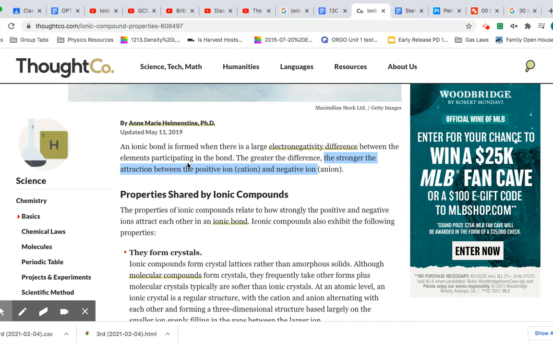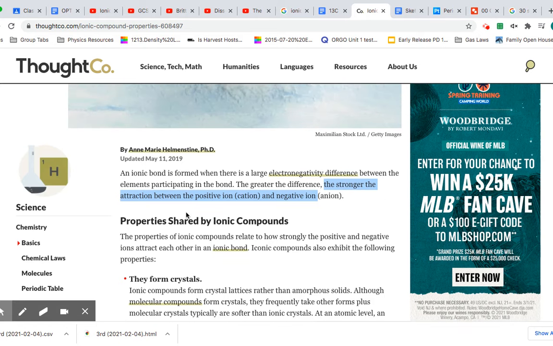So on your sheet, you hopefully have our label or a space for the label, and then maybe you could write positive, negative, and then we have the word attraction. What could represent attraction?